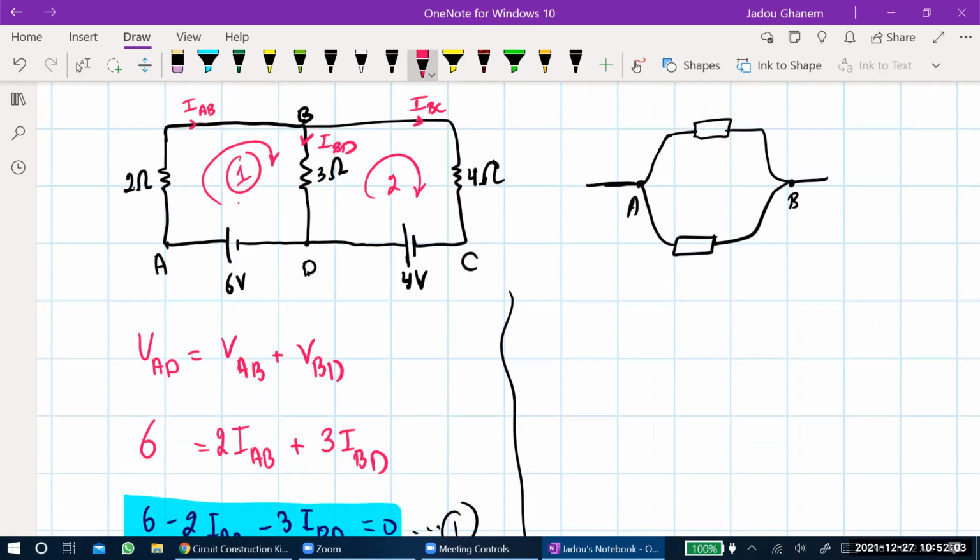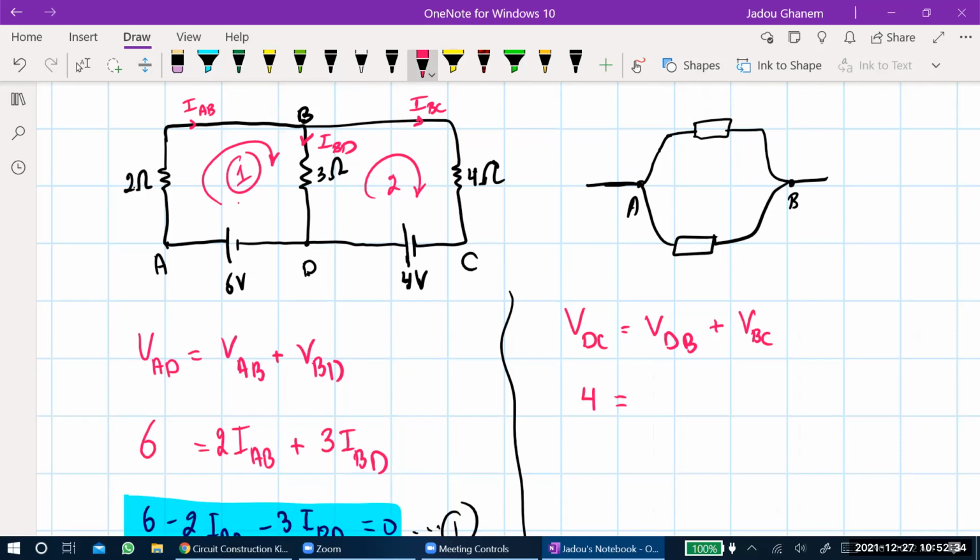Can you tell me how can we start with the law of voltage in this loop? Do we write VDC or VCD? We can do it as VDC. VDC equals VDB plus VBC. Okay, so VDC is 4 or minus 4?